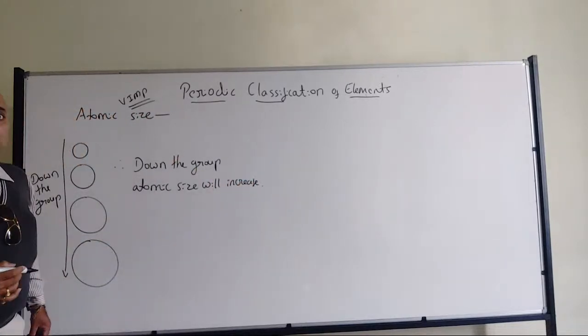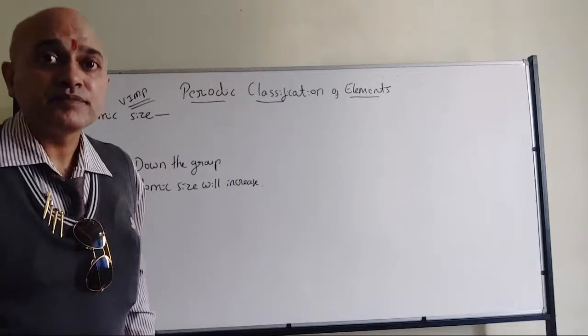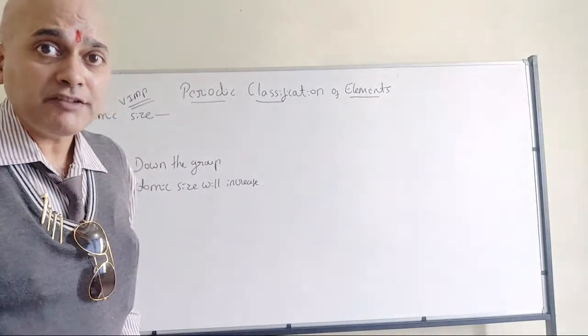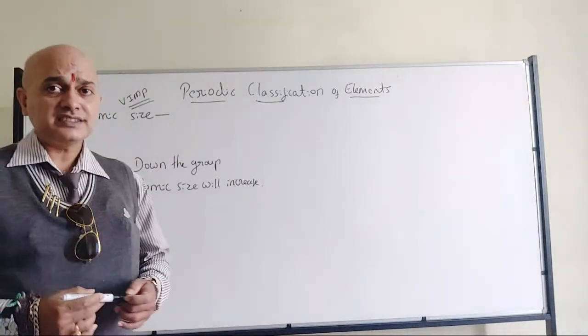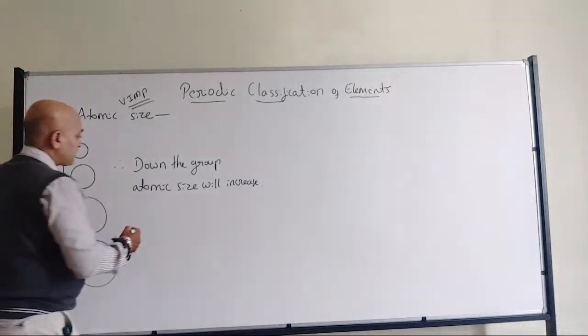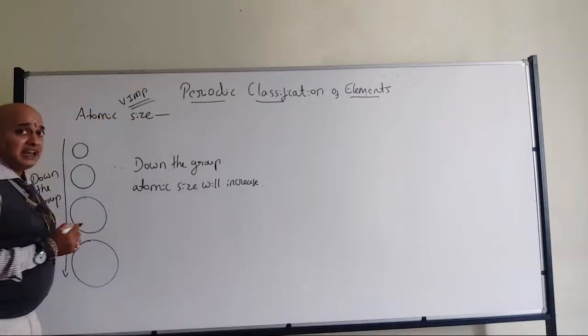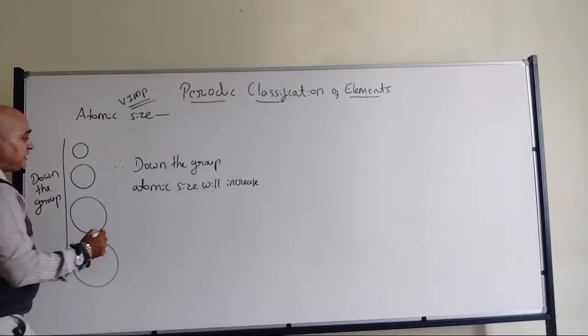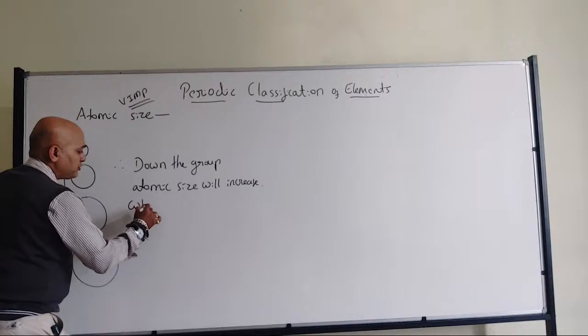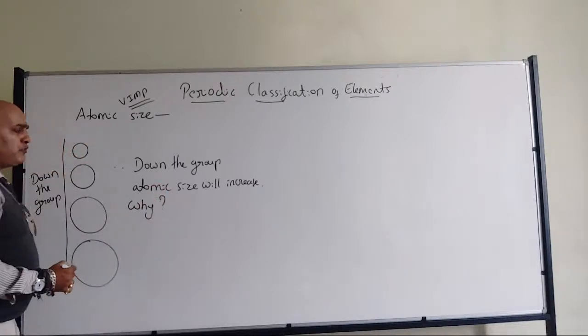So what is the reason why they have to increase? Down the group there will be an increase in the atomic size. Good morning everyone. So why do they increase?